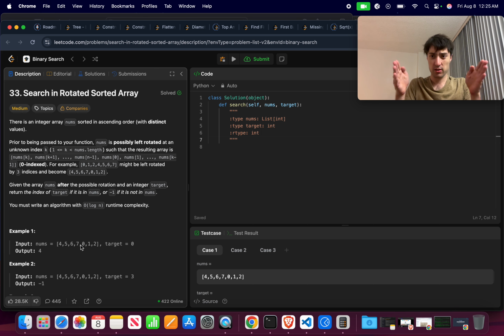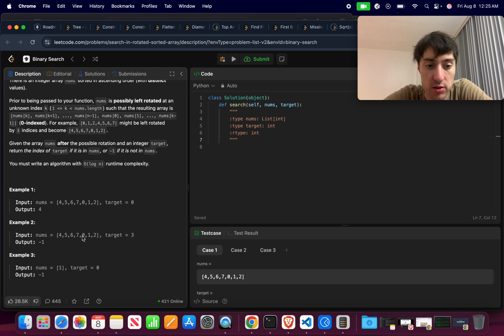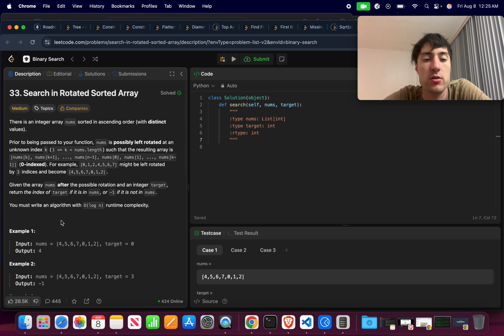It took the array that was 0, 1, 2, 4, 5, 6, 7, and then shifted it, and took those and put them on the other side. Likewise with this one, 0, 1, 2, 4, 5, 6, 7, that's the exact same thing as right there. So there's one pivot in there.